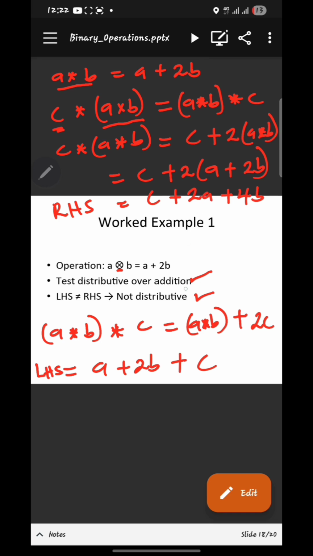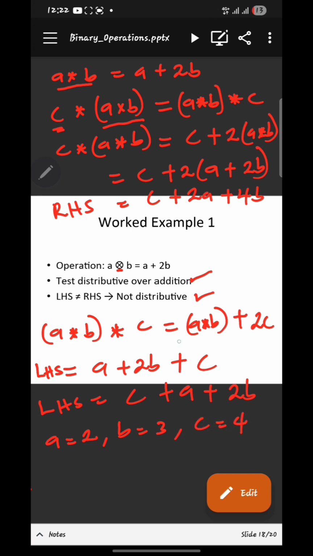Are they equal? Even if you rearrange the left hand side as C come to the front, plus A plus 2B, they are not the same. Let's assume that the value of A is 2, B is equal to 3, and C is equal to 4.